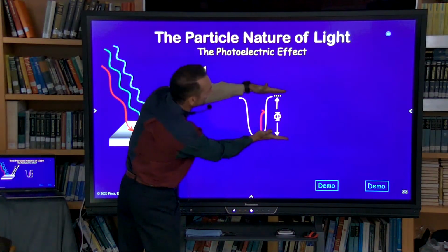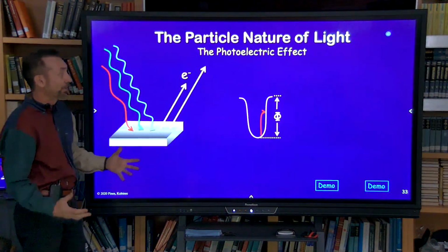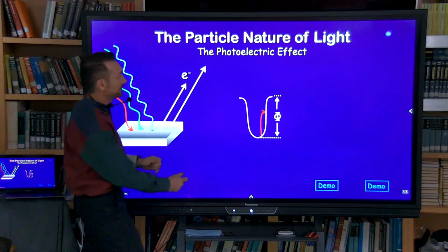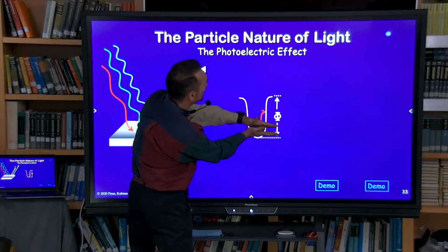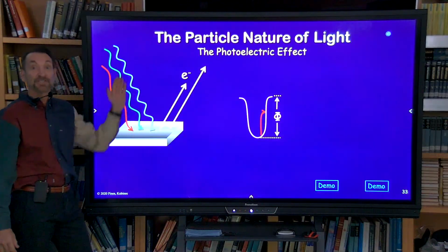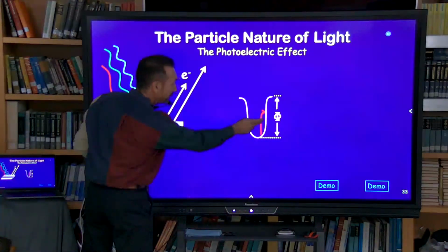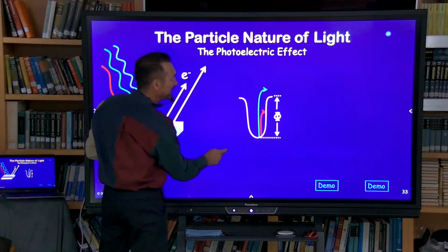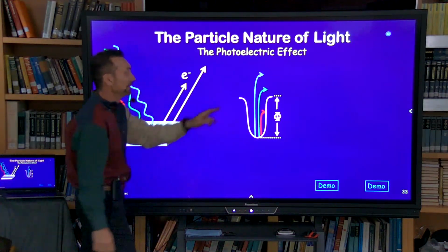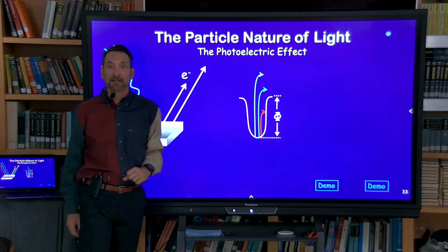So we call the depth of the well here capital psi. Sometimes you'll hear it called the work function. That's in the literature, but it's the amount of energy you need just to get away from the metal, just to get out of that barrier. For some reason, red doesn't do it, green does, and blue does, and then this excess energy becomes kinetic energy.